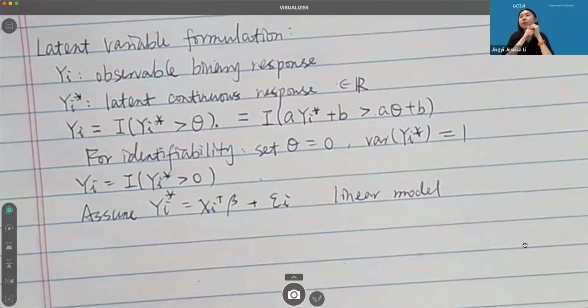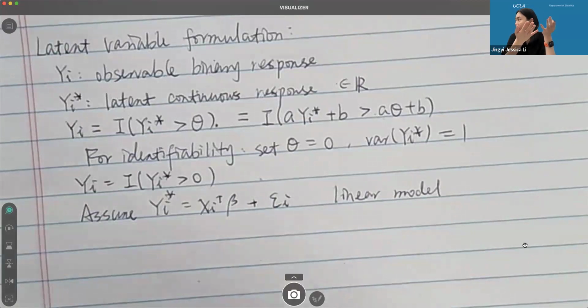What's the benefit of doing that? Because the latent variable is what you assume, right? You want it to be easy to work with. So basically, this formulation is trying to go from linear model to binary response model. What you think is that, okay, maybe in the data generating process, there is some underlying linear model with a continuous response, but we don't get to observe that continuous response.